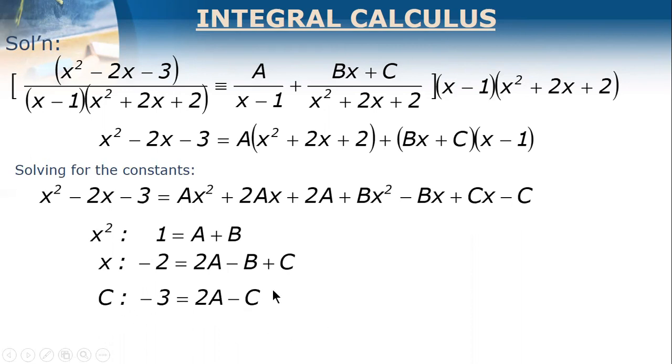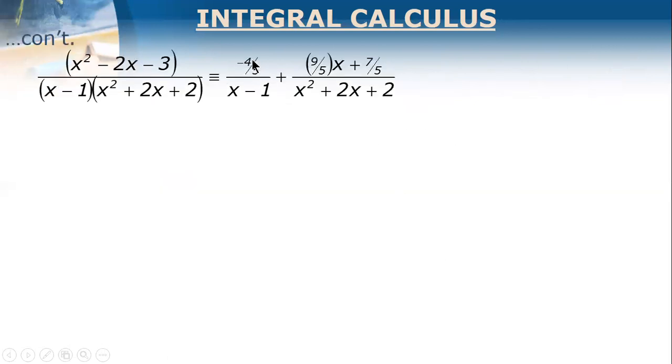So using your calculator, 3 equations with 3 unknowns, we have A equal to negative 4/5, B is 9 over 5, C is 7 over 5. Okay, so we're going to substitute the values of A, B, and C in the partial fractions.